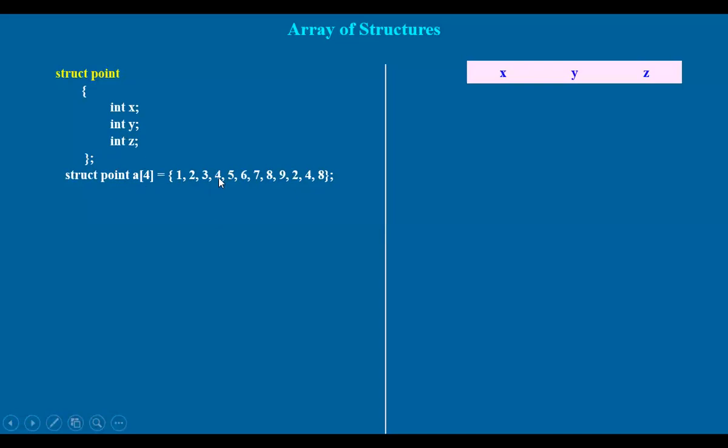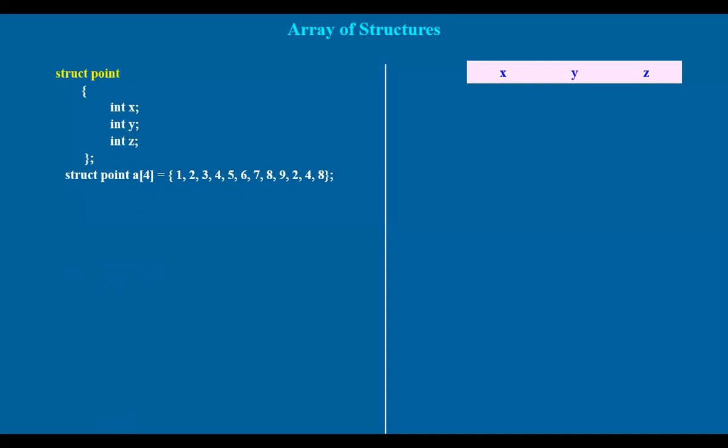4 into 3, 12. So here all the 12 member values are given, and we name these arrays in the same fashion as in the case of arrays. Absolutely, there is no difference. Here we call them A0, A1, A2, A3, that is 0 to 3, because we have four variables, and they are numbered like that.